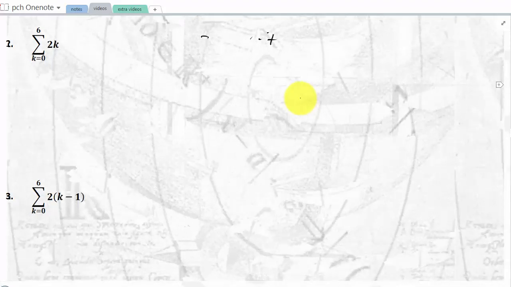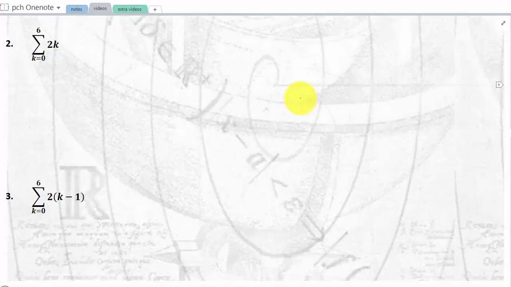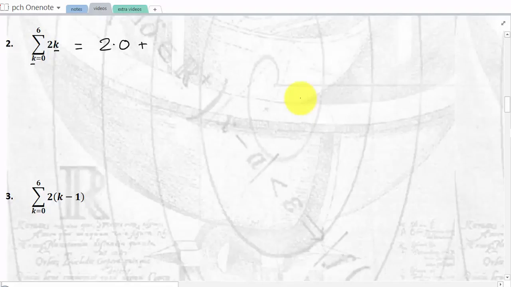Let's move on. In the second example, what do we have now? Now the general term is a function of the index. So what is this? If k equals 0, 2 times 0, plus if k equals 1, 2 times 1, plus k equals 2, 2 times 2, plus etc., plus 2 times 6.